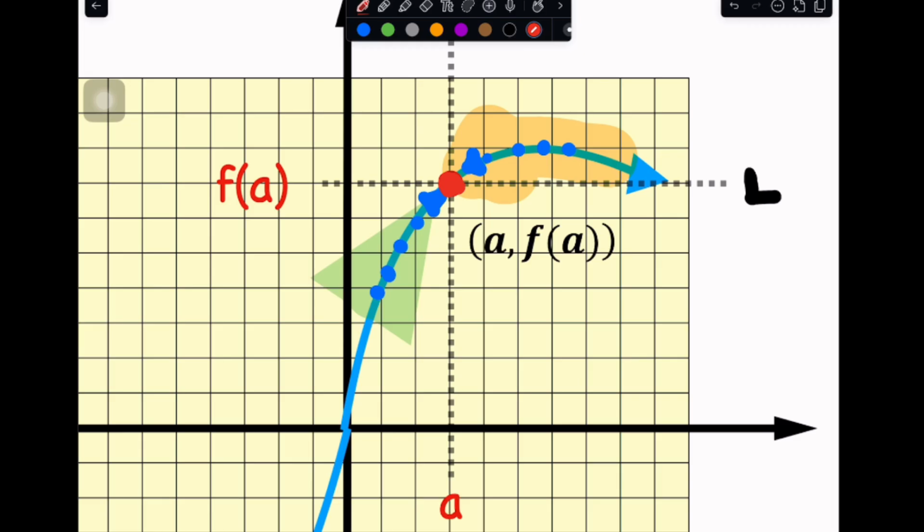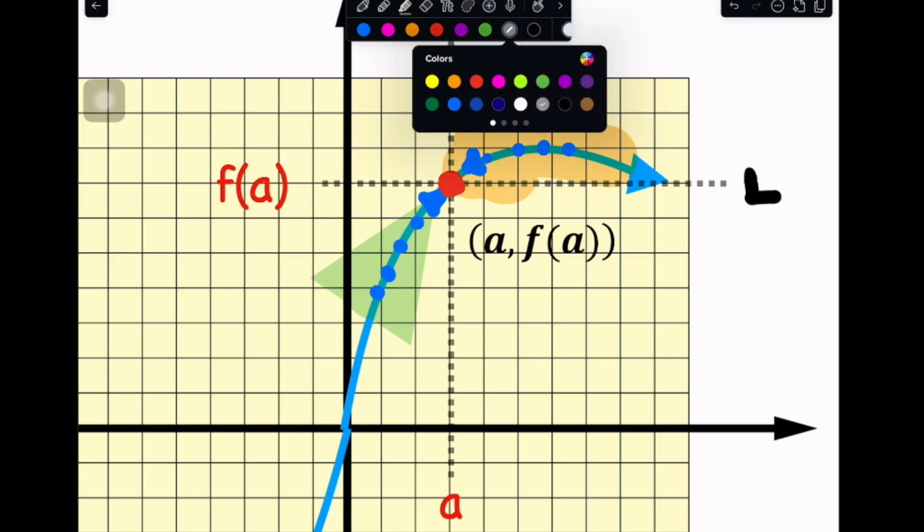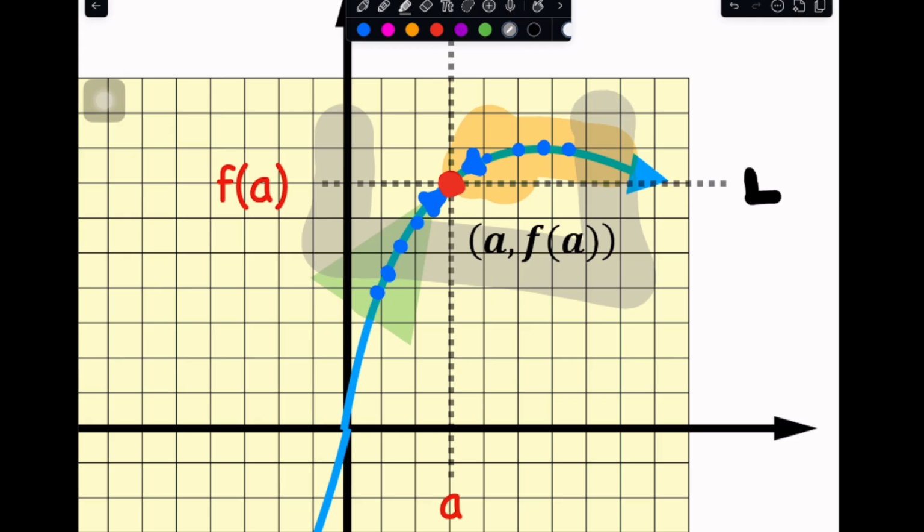So in green and in orange is the approach to A from the left or right. Notice I'm going back to a graphical approach now for you guys. And it's equal to the value of the function at A. This picture is what it means to be continuous at A. Now, to be continuous everywhere, this is the picture.